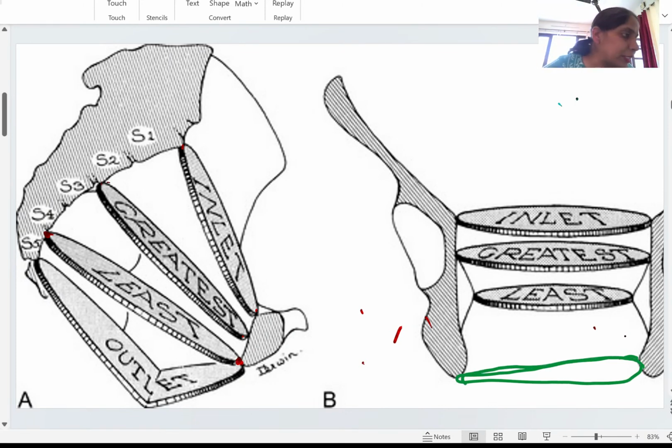You can see here we have divided the pelvic cavity into subcavities. There are two planes which are further dividing it. This is known as the plane of greatest dimension, and just below it is the plane of least dimension.